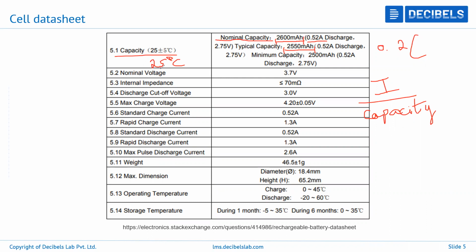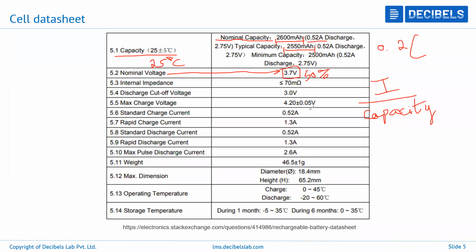Right, so the next terminology given over here is called nominal voltage. So nominal voltage can be defined as the voltage of the cell at exactly 50% charge. Okay, so if you were to consider the cell at exactly 50%, that voltage reading is what is called nominal voltage.